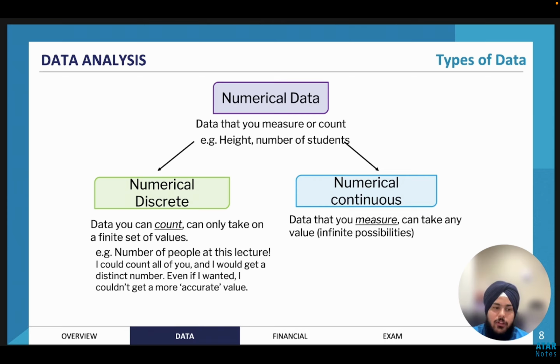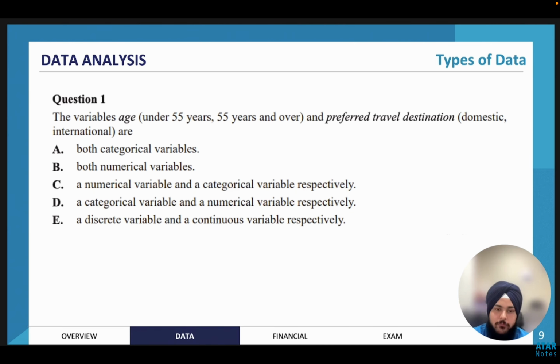And usually discrete numerical variables have a finite number, whereas numerical continuous variables have infinite possibilities, because your height could be 2 meters exactly, or it could be 2.000001 meters, for example. So that's just the difference between numerical continuous and numerical discrete variables.